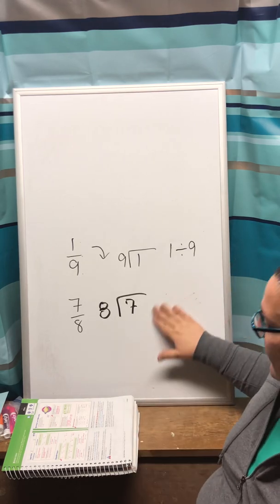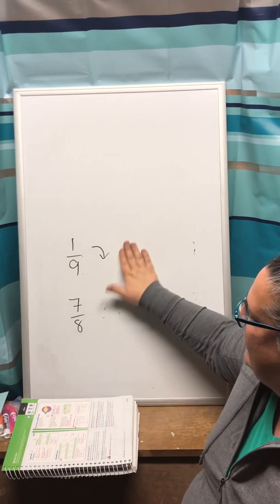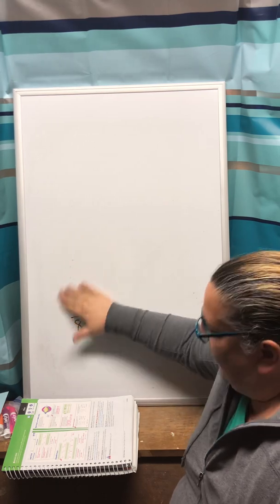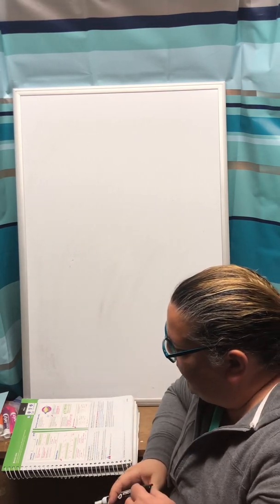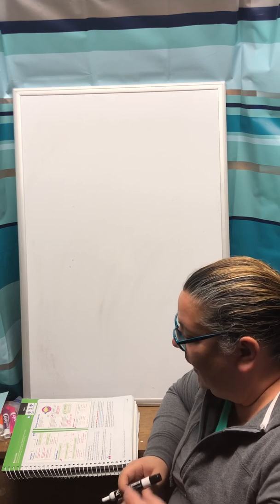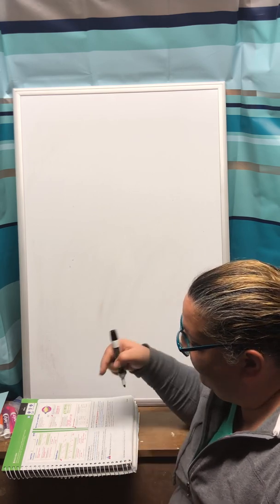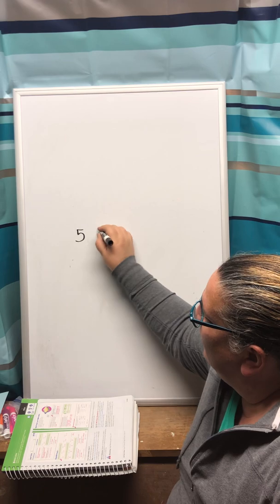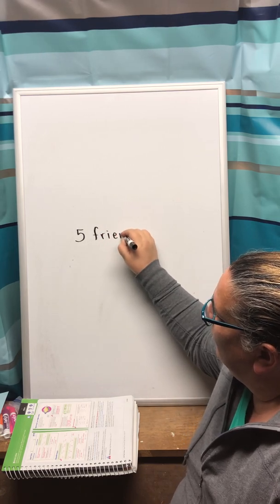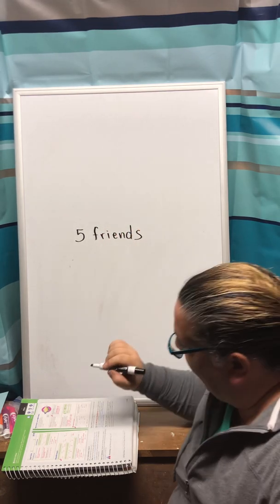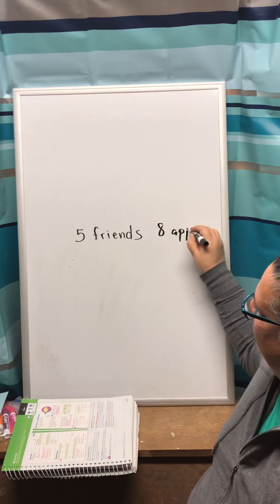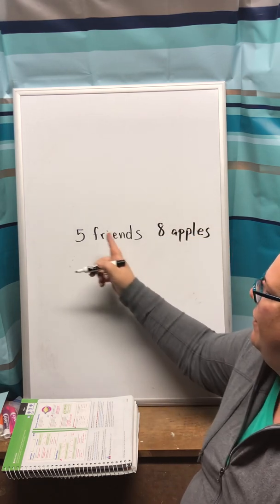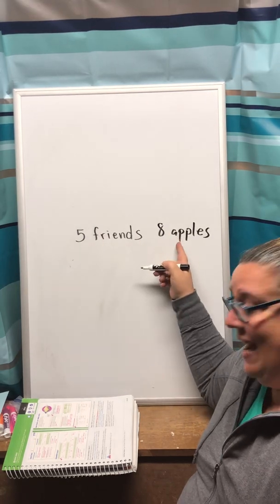And then finally for numbers 6 and 7, they are asking us to tell what fraction each person gets when they share equally. So for number 6, 5 friends share 8 apples. 5 friends, 8 apples.